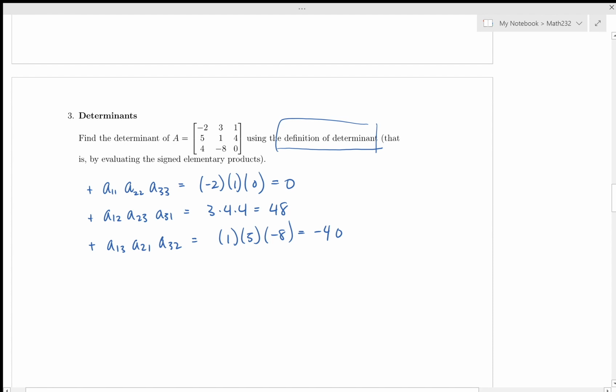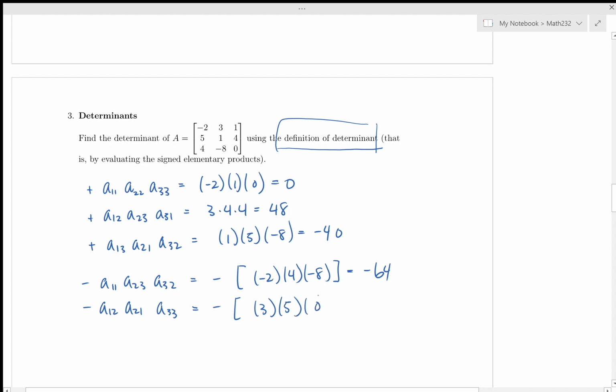Okay, and then the negative signed products. That's going to be minus A11, A23, A32, and then I multiply the numbers together, minus 2, 4, minus 8, that is minus 64. And minus A12, A21, A33, minus 3, 5, 0, that's 0.